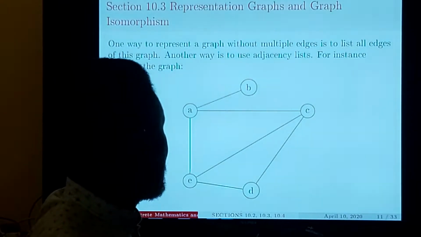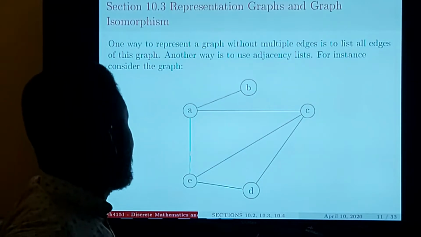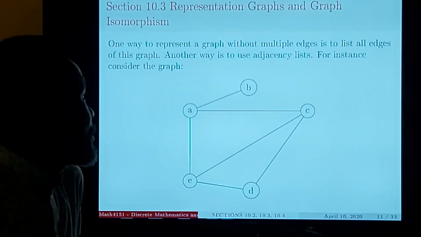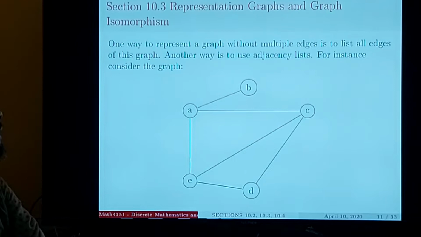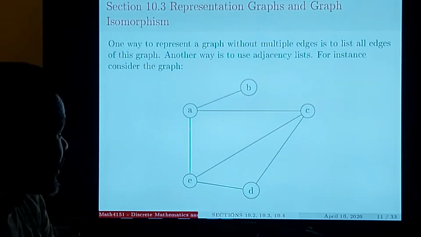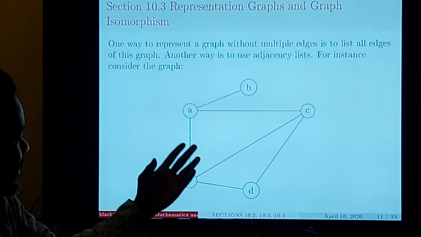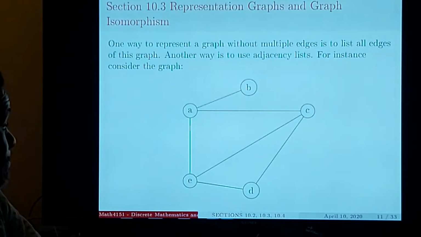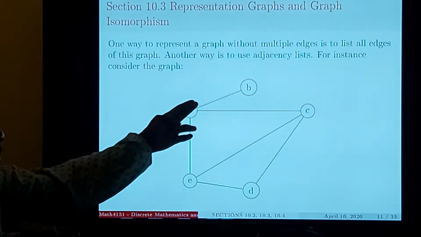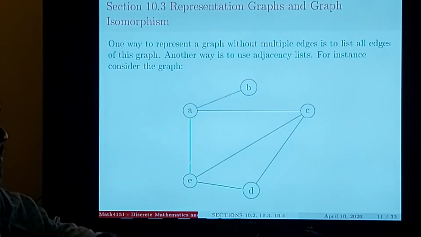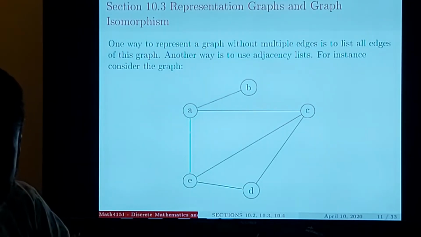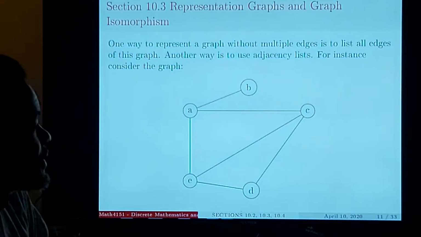So straight away we go direct to this. One way to represent a graph without multi-edges is to list all edges of the graph. Another way is to use what is called adjacency lists. So for instance, we consider the graph. The given graph is a graph of 1, 2, 3, 4, 5 vertices and several edges. So this graph can be represented using adjacency. Adjacency means what?